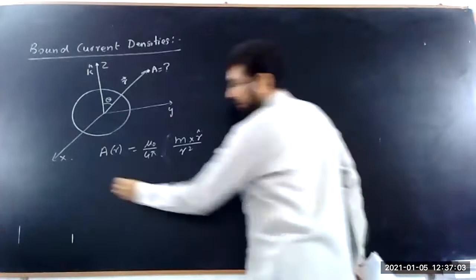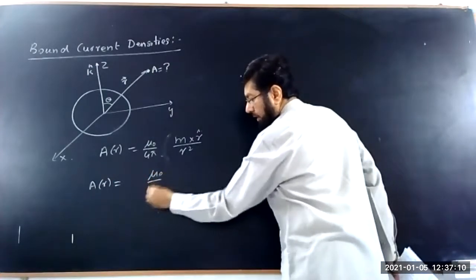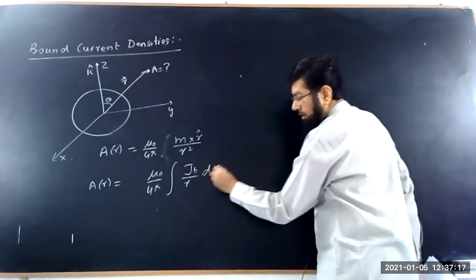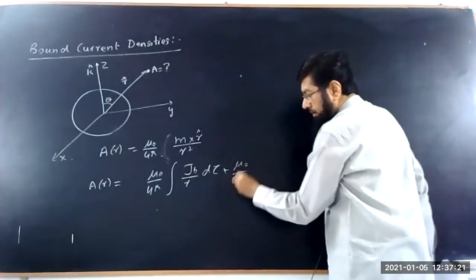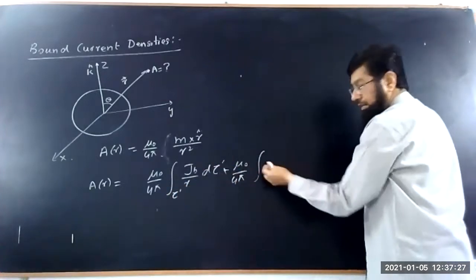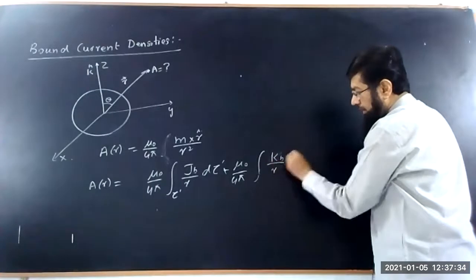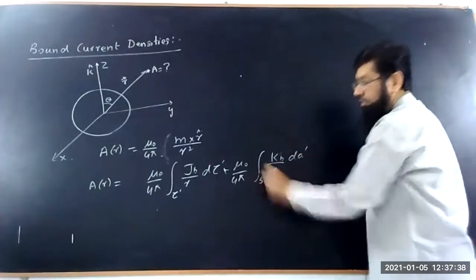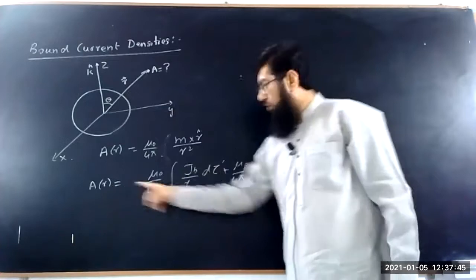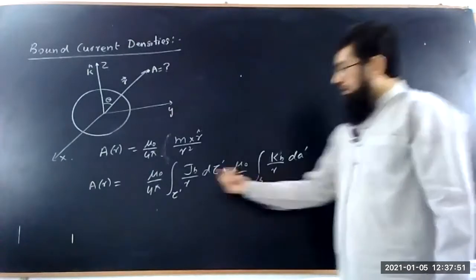In the last lecture, we saw that A of r is equal to mu naught over 4 pi times the volume integral of J_b over r squared, plus mu naught over 4 pi times the surface integral of K_b over r dA. So the total vector potential is due to the volume contribution of the charges and the surface contribution of the charges. These charges are in motion.